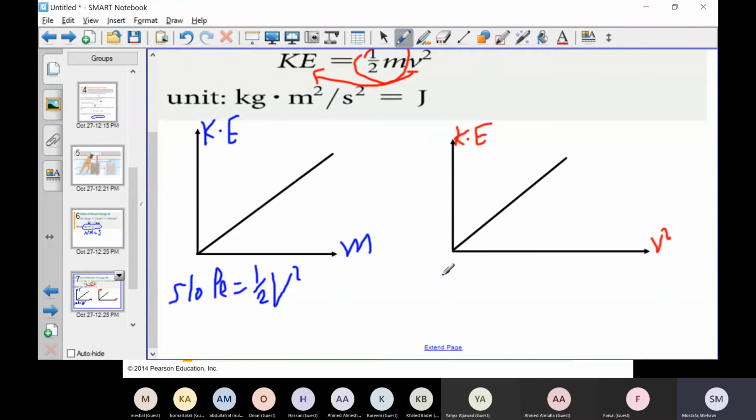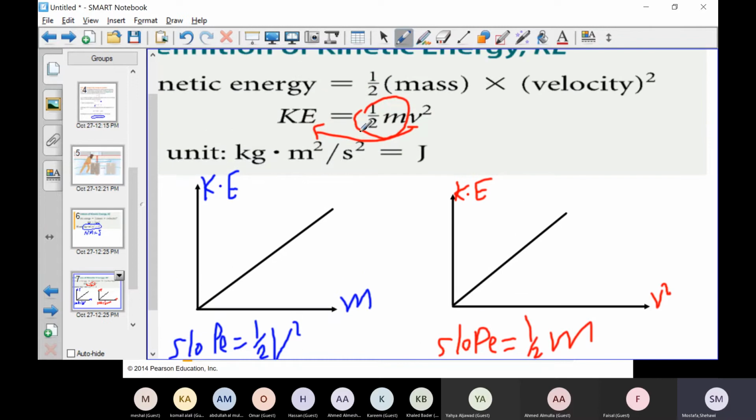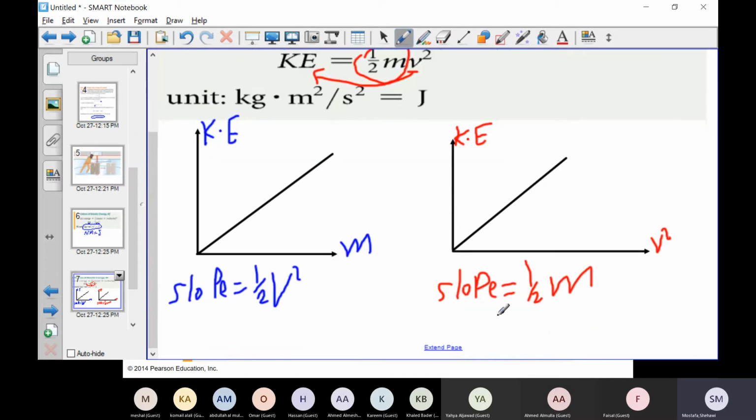So slope equals half mass in this one. Again, to find the slope, you go to the original formula and divide the y-axis by the x-axis. KE divided by velocity squared. The other side will have half mass, so the slope will equal half mass.